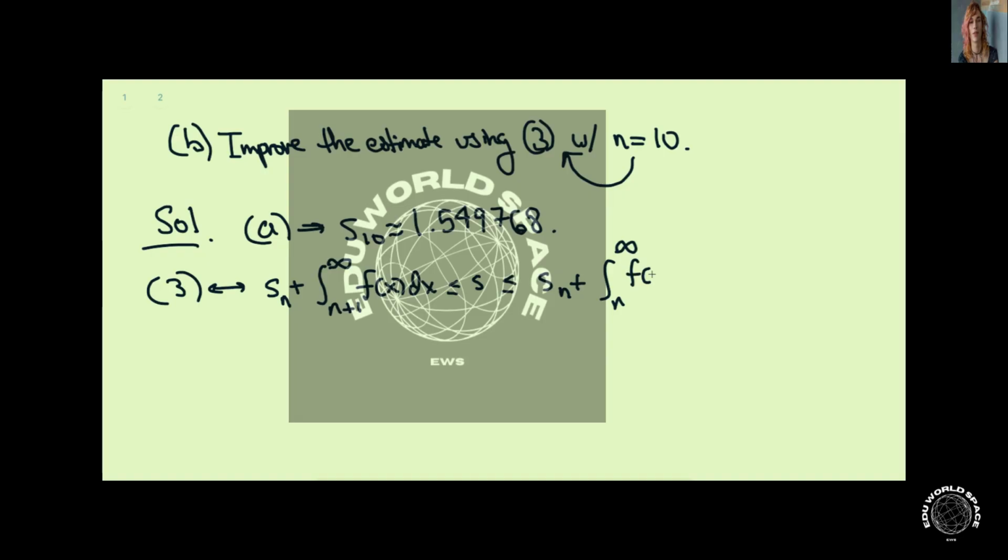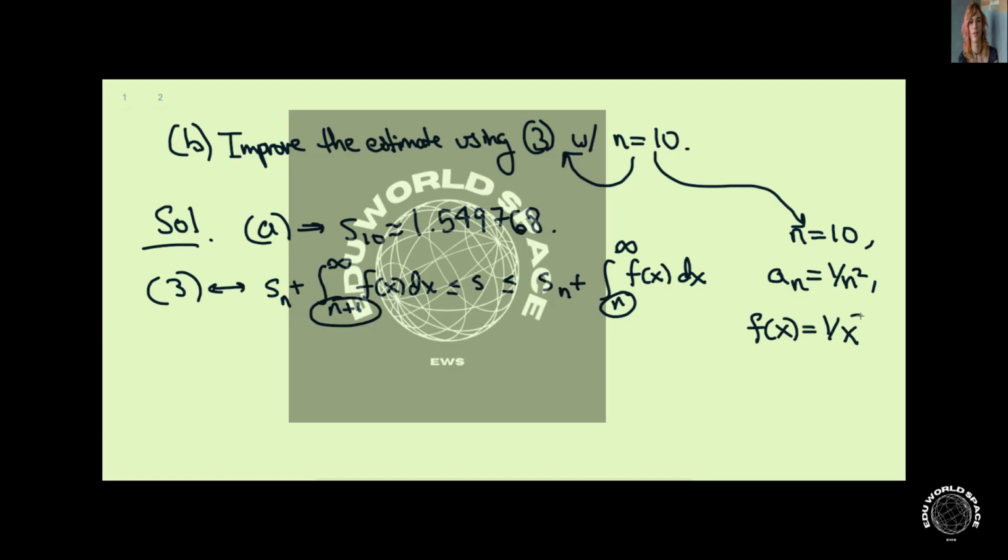So notice the difference in the lower bounds of the integrals. One's at n plus 1, the other one's n. So here, because we're to use n equals 10, so that determines that. And if you recall from our series, an is 1 over n squared, and so that means f of x should just be 1 over x squared. So let's go ahead and plug all this in here.